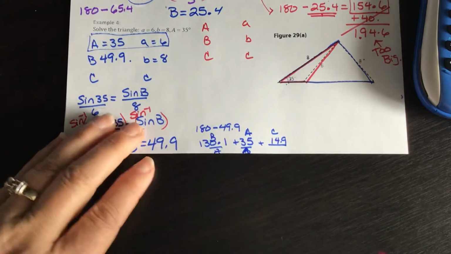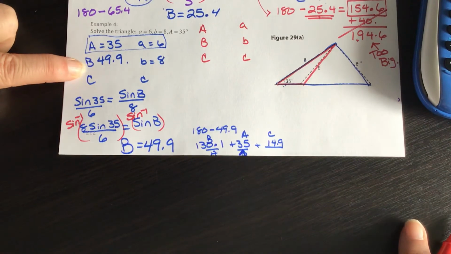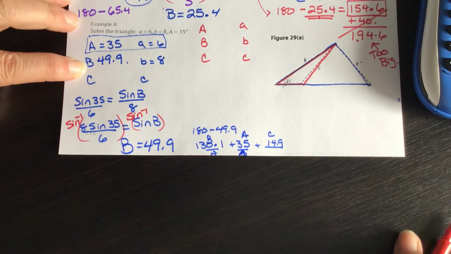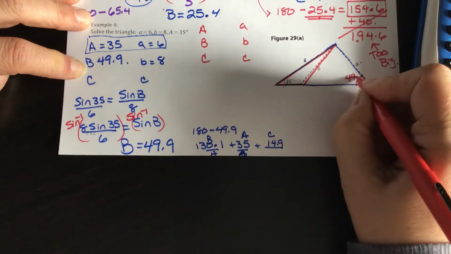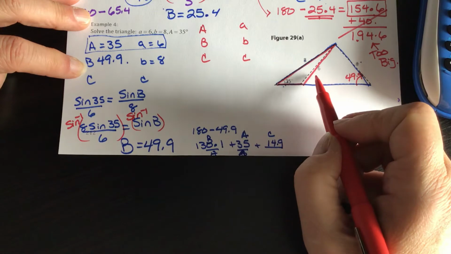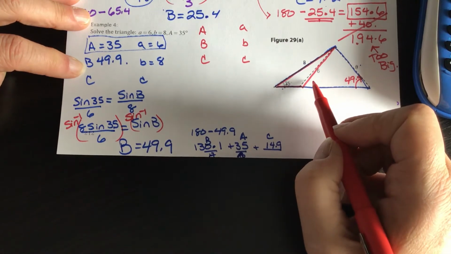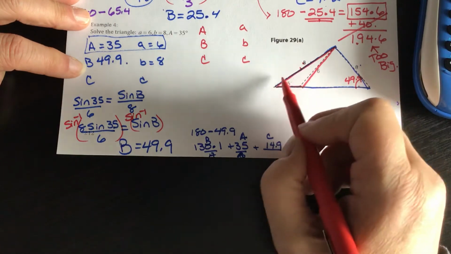I'm just color coding here. If 49.9 is angle B, that would be this angle right here, then side B is 8. This is the big triangle.